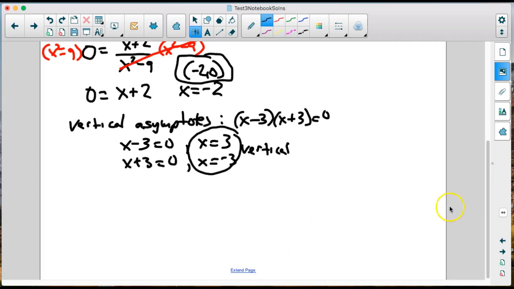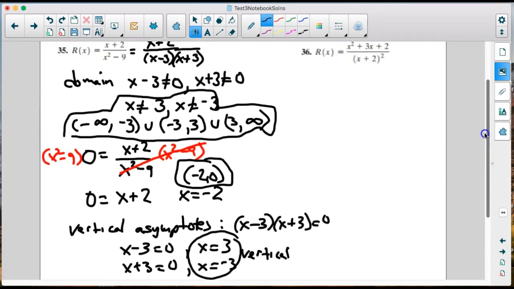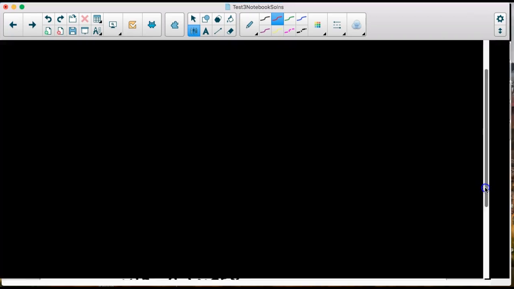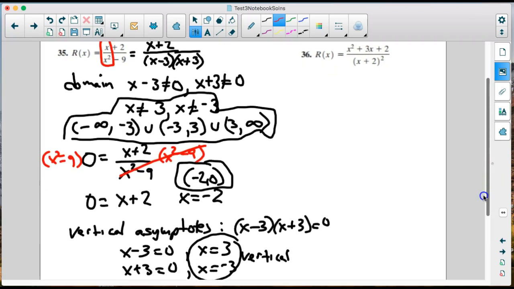The horizontal or oblique asymptotes happen when we look at the exponents on the lead terms. So here are our exponents on the lead terms. We look at this part right here. Since the denominator power is larger than the numerator power, that means that you don't have an oblique. Oblique is when the powers are the same.